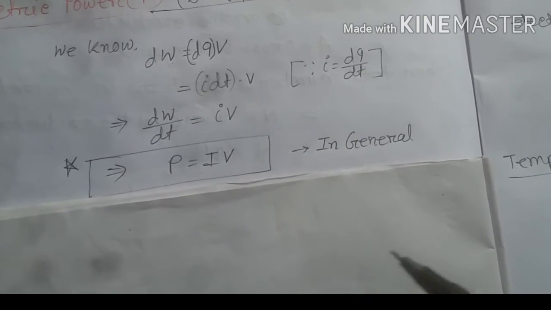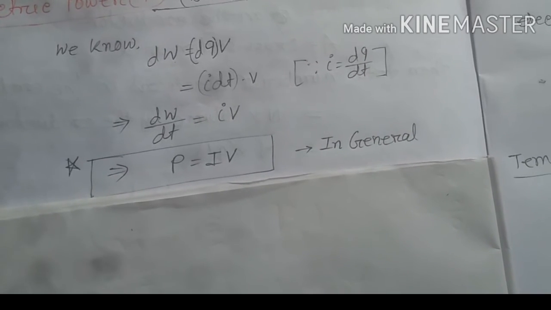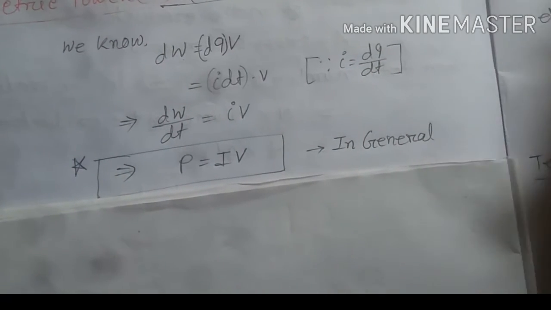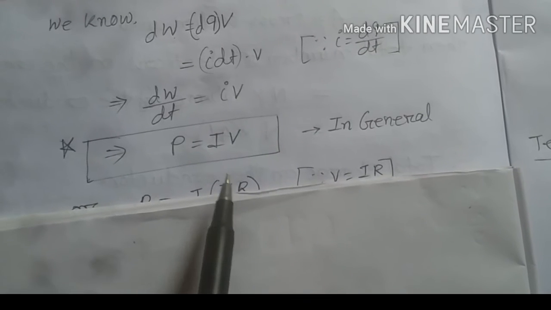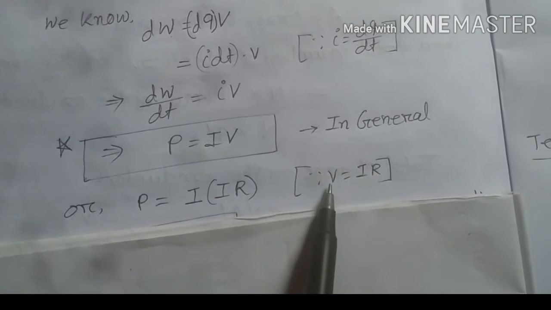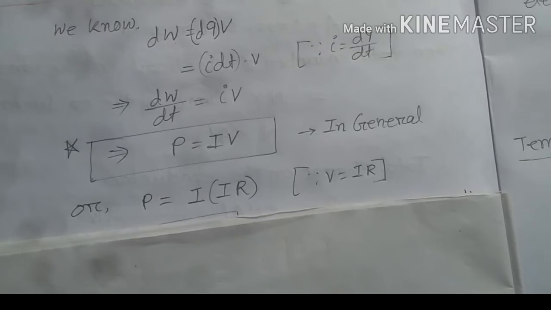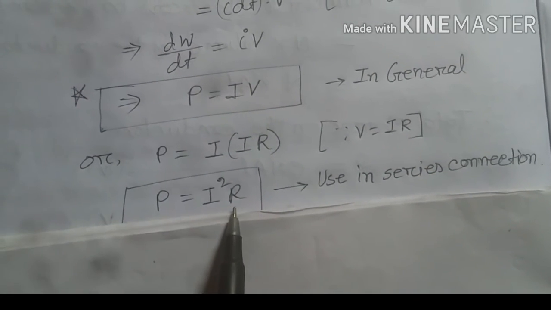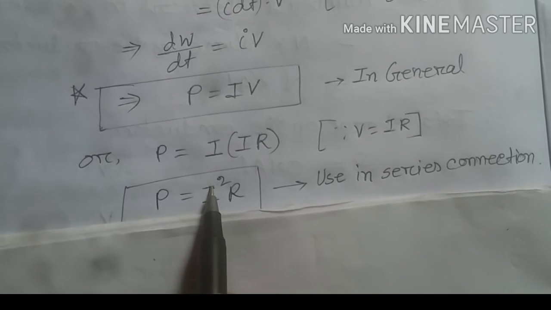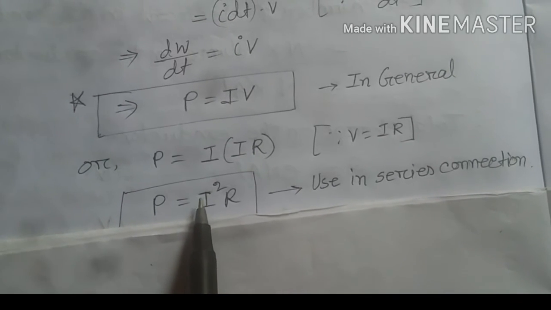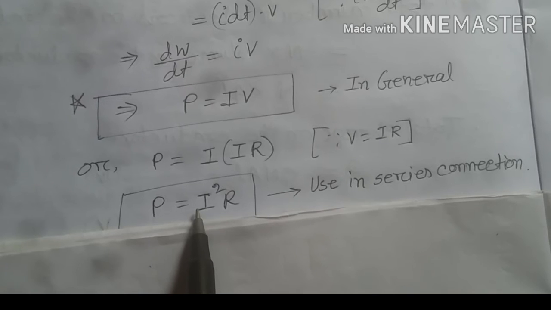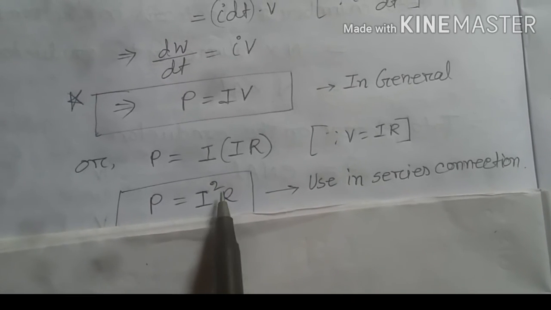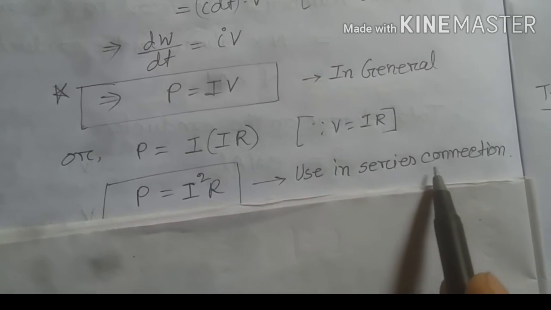Okay, now we are interested to calculate the loss of power in the resistance. Now put in place of V, IR according to Ohm's law. So this formula will give you P equals I square R, and in this formula I is there, so I is constant in case of series connection, so this loss of power will be used to calculate in series connection.